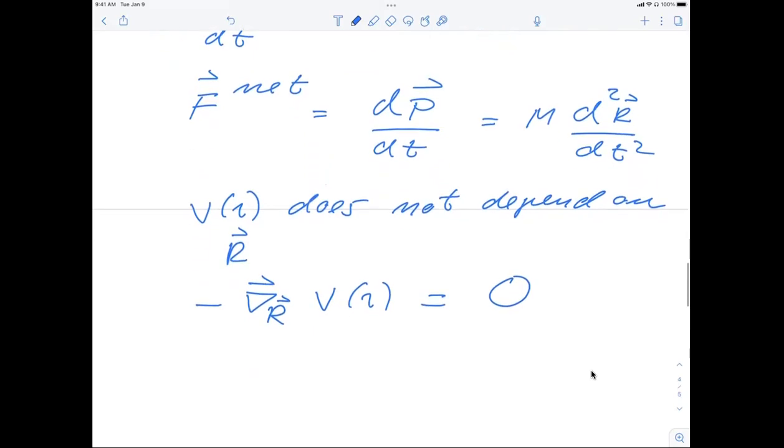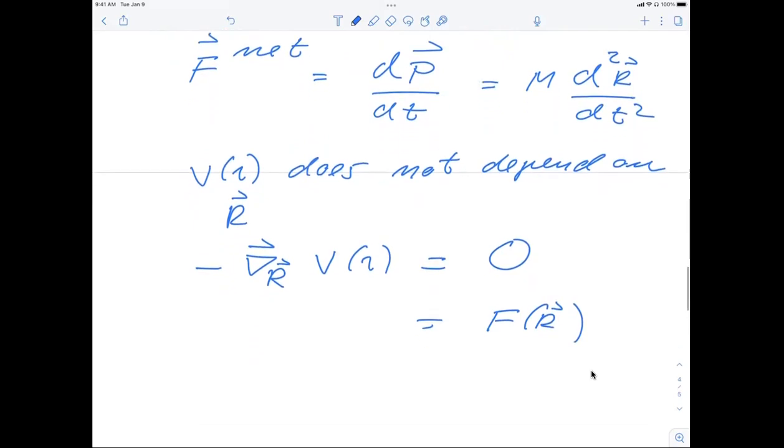So this will be the force as a function of r. And I know now that if I take the derivative of the momentum with respect to t, this means that dP, the total linear momentum, has to be equal to 0.